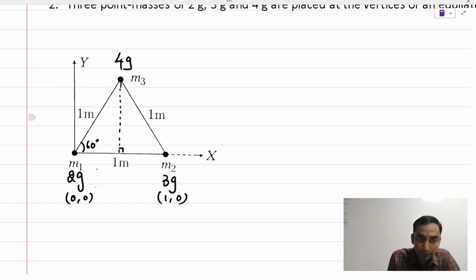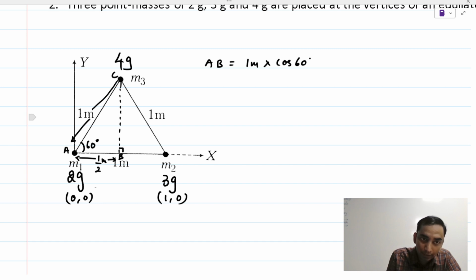Now the third one: if I drop a perpendicular line, this is 90 degrees, and since it is an equilateral triangle, this is 60 degrees. So I may be able to find this as half a meter. How come? Let me call this distance AB. AB is equal to 1 meter times cos 60 degrees, where 1 meter is this distance, let me call it AC.